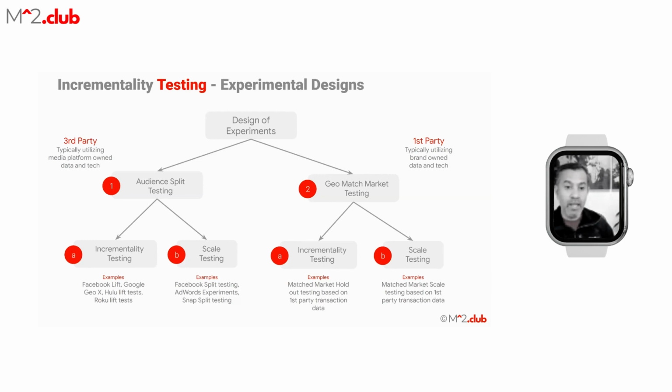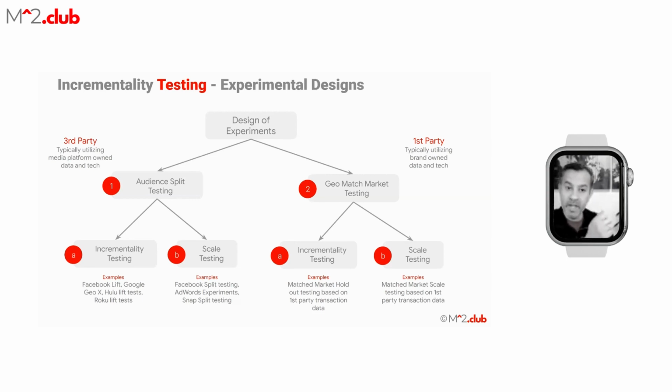Number two, you can use the same geo match market testing approach to test all channels, most channels. Okay, so you can use the same approach for testing Roku and Facebook and Snap and Yelp and search and whatnot. So when you look at a result for search and a result for Roku, you know they're using the same approach, and therefore it's more apples to apples than taking a Roku lift test and comparing it to a Facebook lift test, which are in their own currency, so to speak, right?